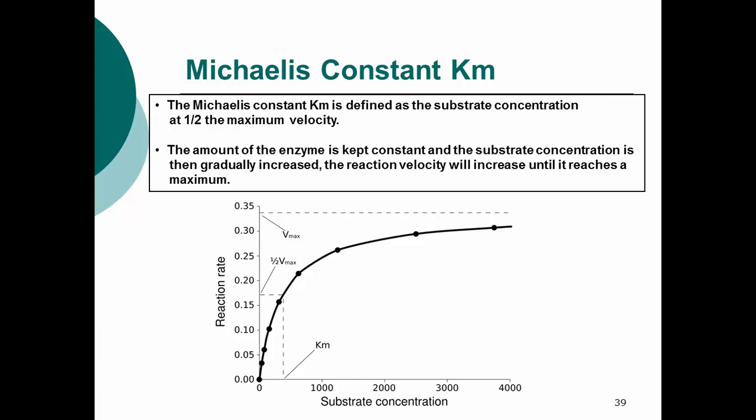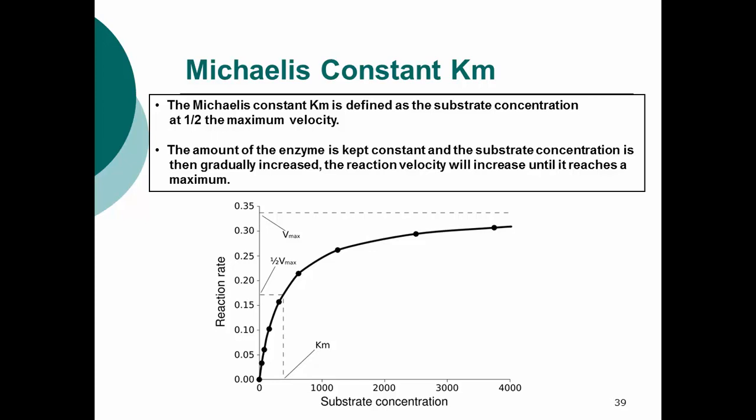If the affinity of the enzyme for the substrate is low, then you will need more substrate in order to reach similar levels of reaction. Does that make sense? All right. So affinity and the Km are actually opposite. For example, if an enzyme has a high affinity for substrate, it should have a lower Km, right? And if an enzyme has a lower affinity for substrate, the Km should be high.